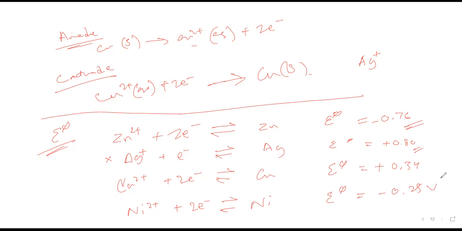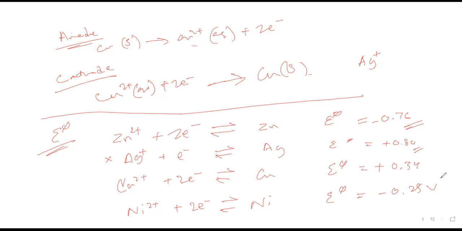Copper has a greater electrode potential value than nickel, and nickel has a greater electrode potential value than zinc, isn't it? Zinc is much more negative than nickel.